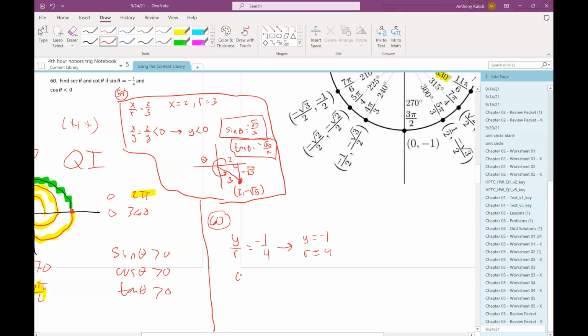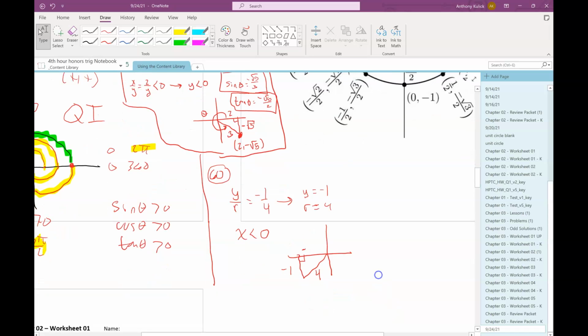And we're told that cosine is negative, but cosine is x. So I know the x-coordinate's negative. So the place that I'm working in has to be in the third quadrant, where the x and y are both negative. So far, so good?